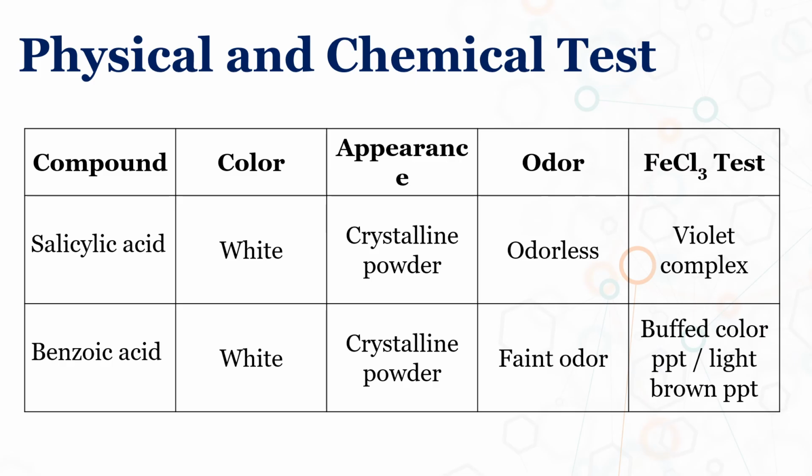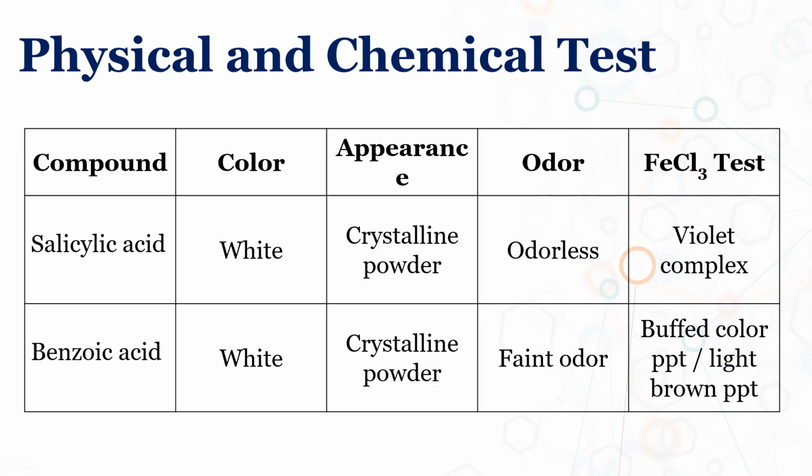So for our physical and chemical test, in your manual, salicylic acid should be white in color, the appearance is crystalline powder, it's odorless. With the ferric chloride test, it formed a violet complex, diba? Or purple or similar to violet.